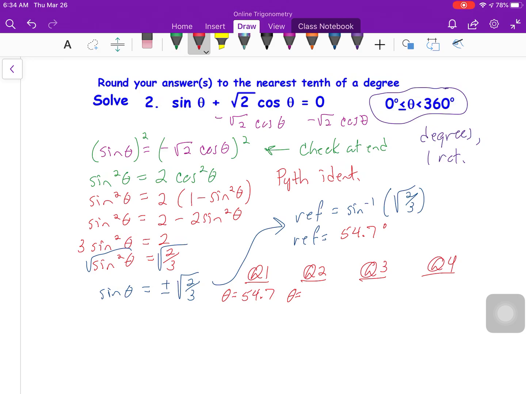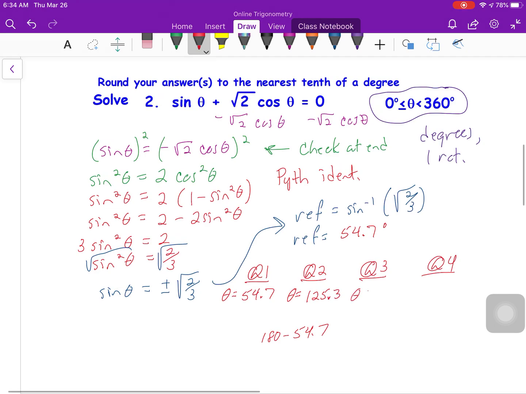In quadrant 2, I would have had to take 180 minus 54.7. That gives me 125.3. In quadrant 3, I would have had to take 180 plus 54.7.